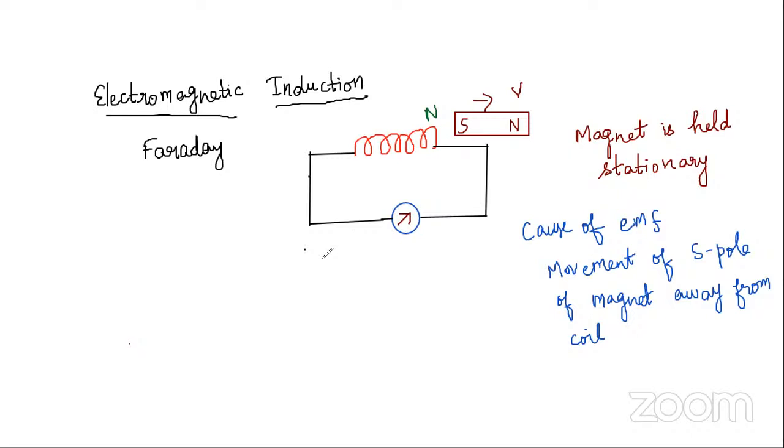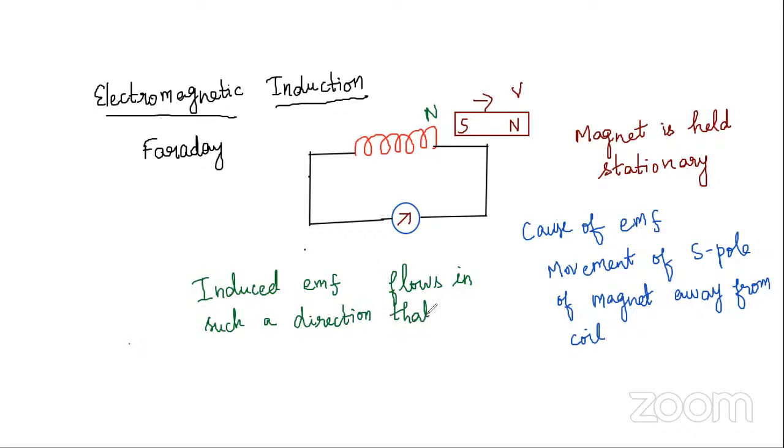That means here the induced EMF flows in such a direction that it opposes the cause of production of the EMF.